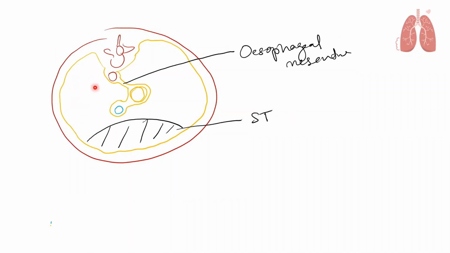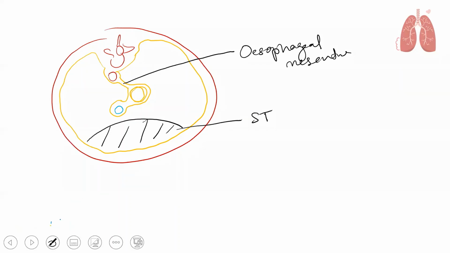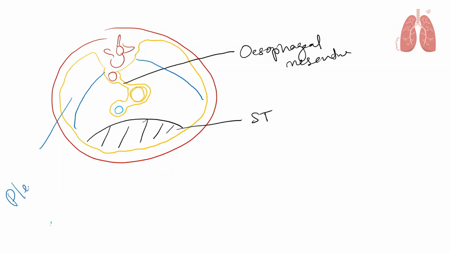This space is called the coelomic cavity, and around the foregut it has a special name, the pericardio-peritoneal canals. And from the lateral wall, developing inwards, you have 2 membranes on either side, which are called pleuroperitoneal membranes.